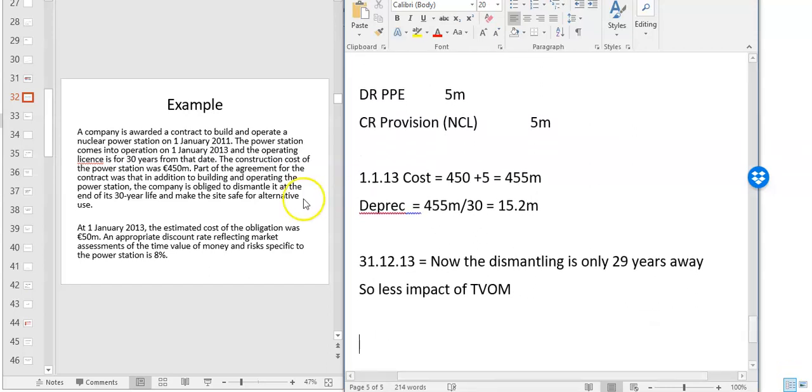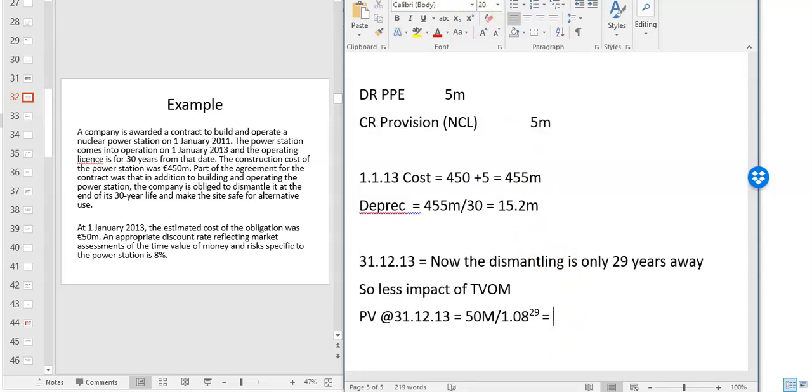So what we're saying, we actually have 50 million to pay in 30 years time, but now at the end, the present value at the 31st of 12th, 13 will be 50 million divided by 1.08 to the power of 29, because you're one less year. And you have to do this at the end of each of the years under IAS 37.